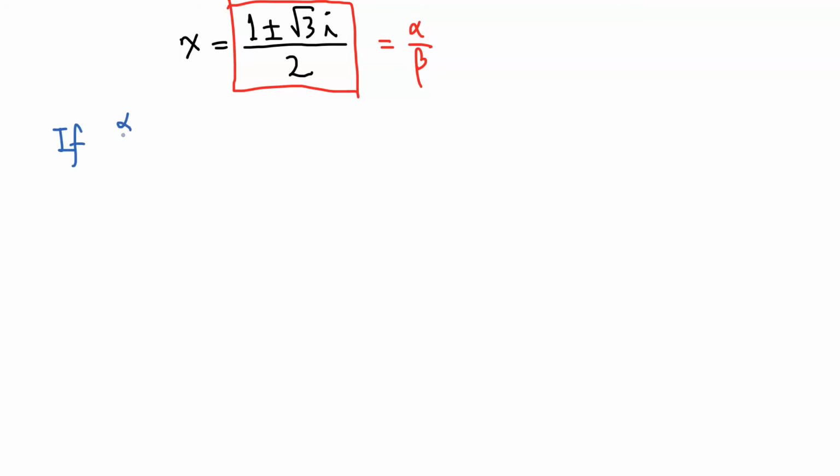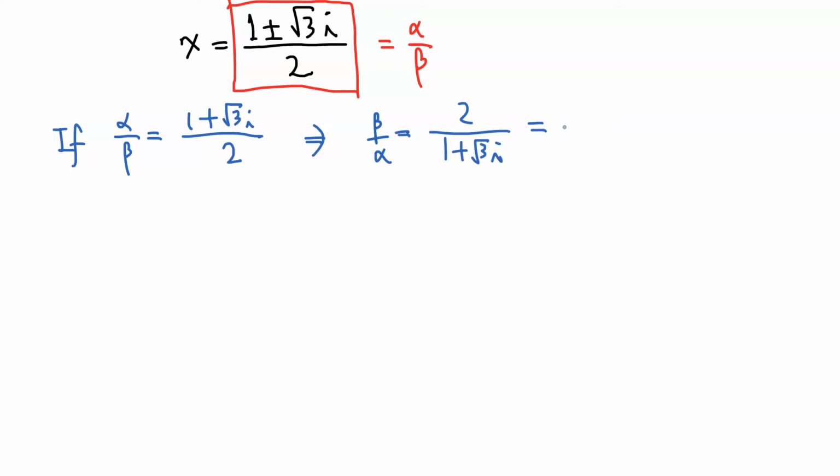And let's suppose that alpha over beta is the positive sign, (1 plus square root of 3 i) over 2. Then beta over alpha is the reciprocal of this one, and in order to rationalize the denominator, we multiply by 1 minus square root of 3 i at both numerator and denominator.